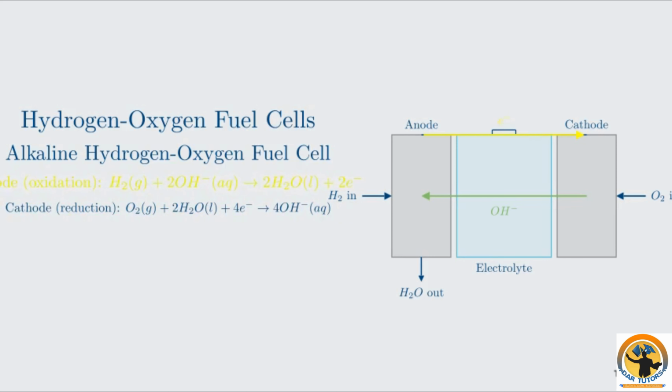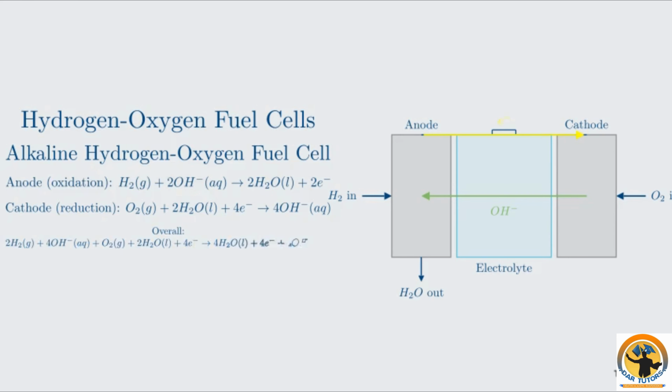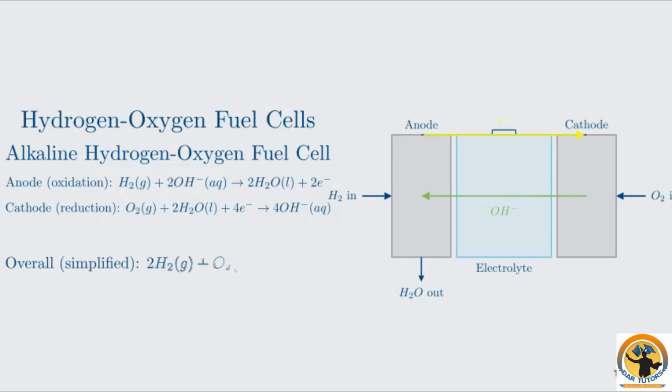So we multiply the anode equation by 2. This gives us 2H2 plus 4OH⁻ on the reactant side. On the cathode side, we have O2 plus 2H2O. Combining and canceling common species like the OH⁻ ions, which are regenerated, gives us the simple overall reaction: 2H2 gas plus O2 gas produces 2H2O liquid.